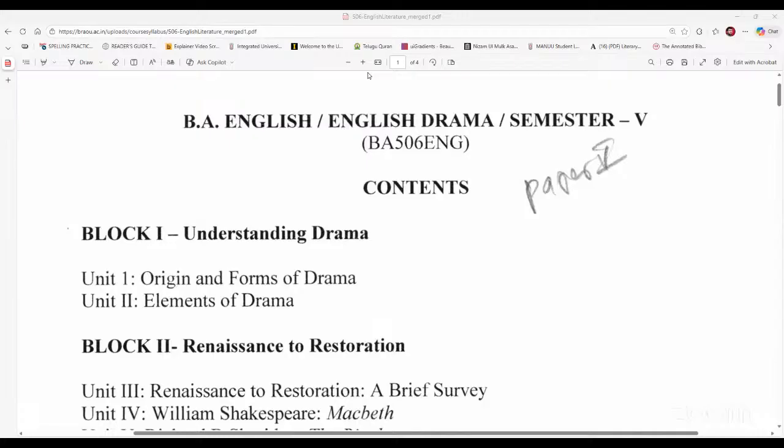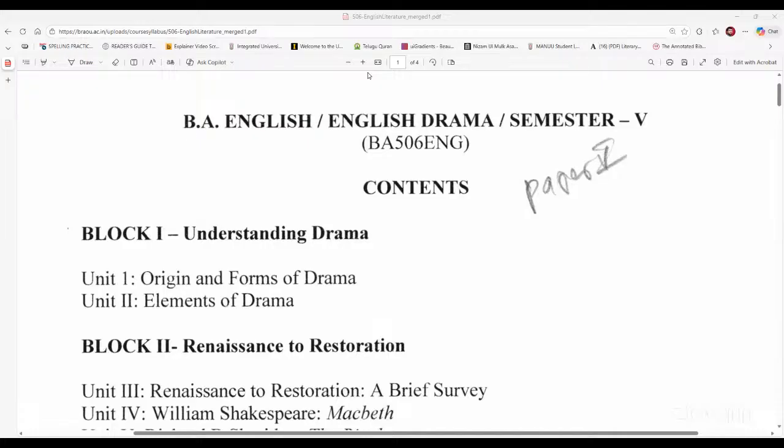That is, in any story, whether it is in dramatic form or in any other form, there are events. So different scenes and different events are structured in a certain order. So that sequencing or structuring of those events is called plot. Now it is the backbone of drama. Plot is the backbone of drama.